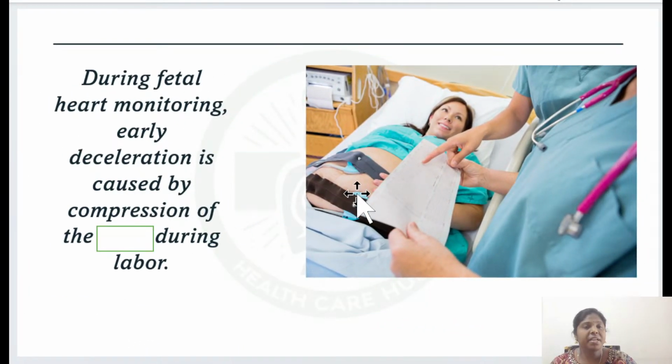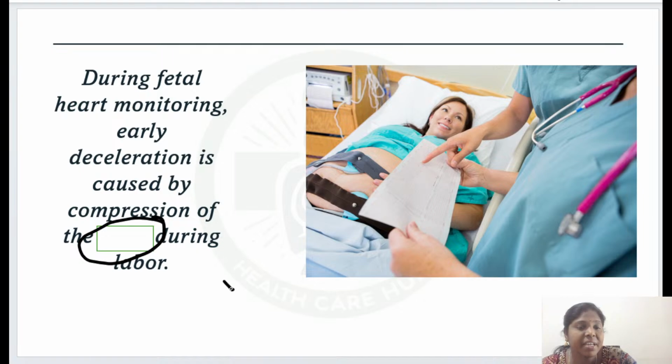Next, during fetal heart monitoring, early deceleration is caused by compression of the dash during labor. So, when the fetal heart rate is being monitored, compression of what during labor makes the fetal heart rate decrease? The compression of the fetal head or fetal cord?